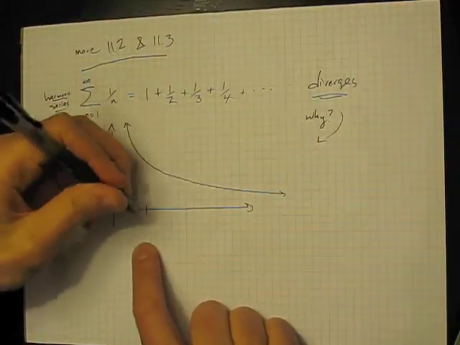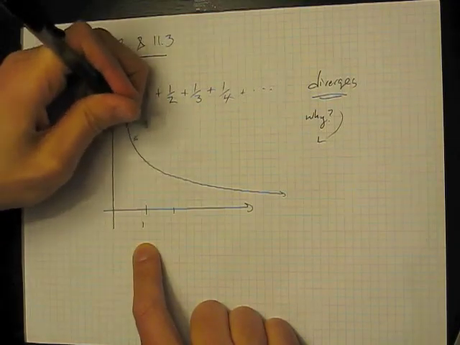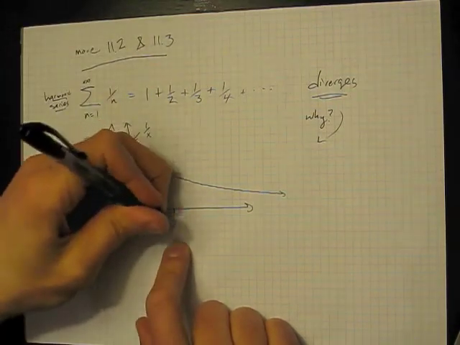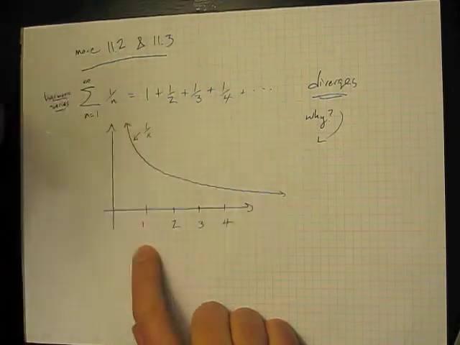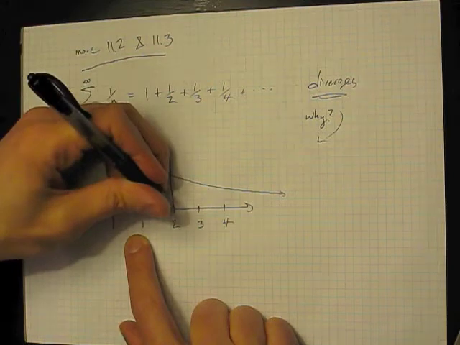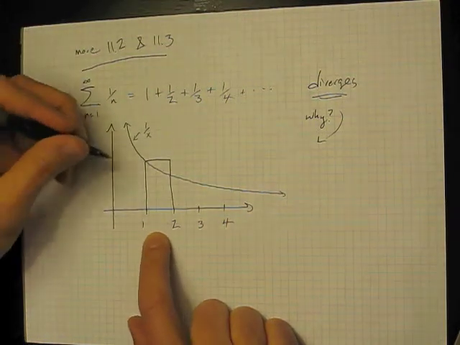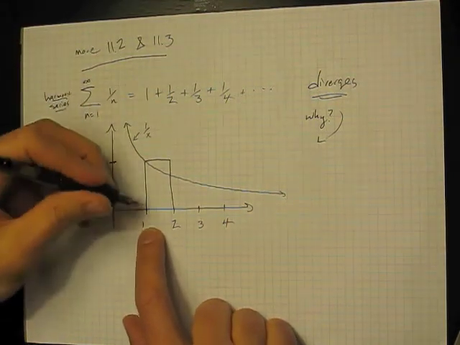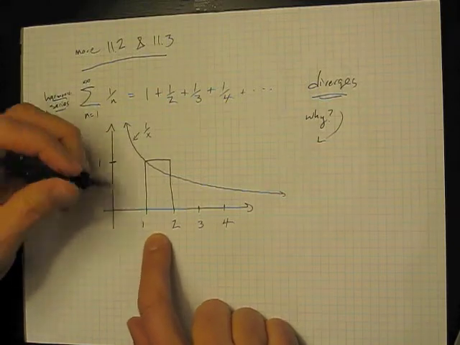All right, I'm going to start at 1. This is the graph of 1 over x, with 2, 3, 4, and so on. I didn't draw this correctly, but this is a box that should be a square.